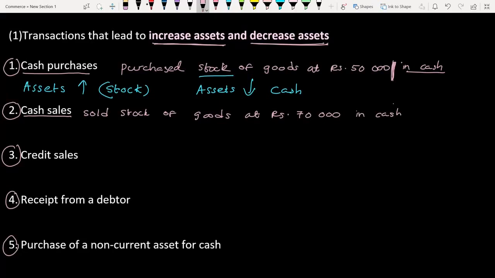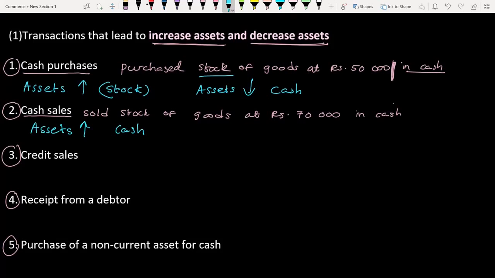Now, how does this transaction lead to increase assets as well as decrease assets? Because when a business sells stock for cash, the asset called cash will increase. Therefore, definitely assets will increase.